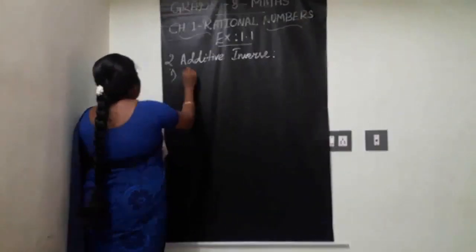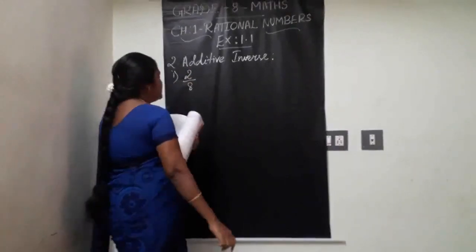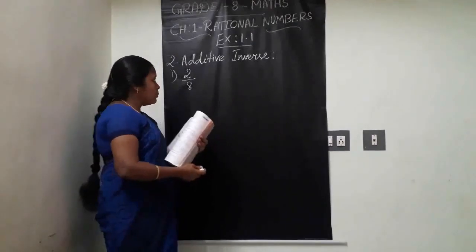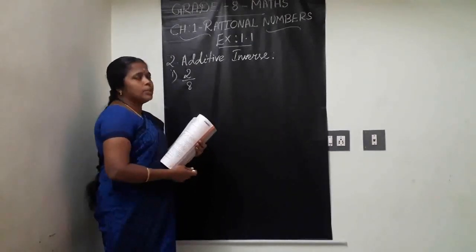Additive inverse. First question, 2/8 is there. They are telling us to write its additive inverse. It is a one mark question only. So additive inverse means what to do?